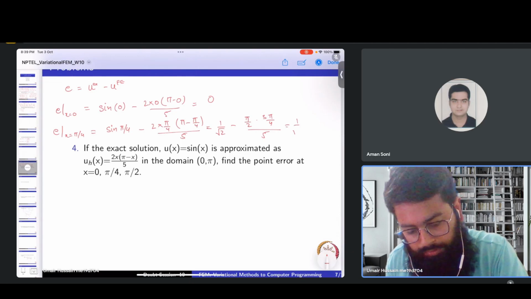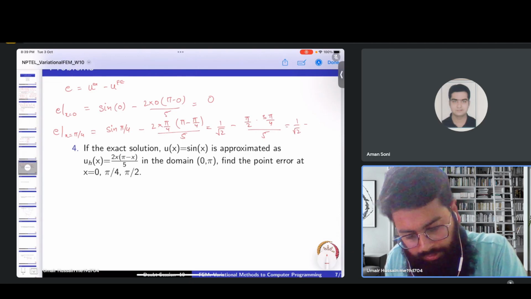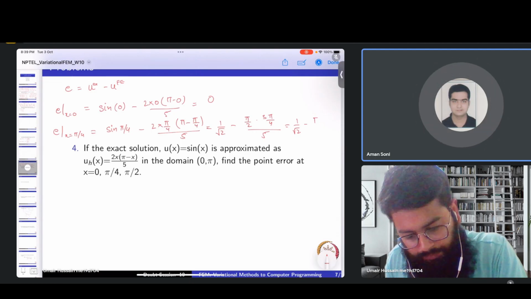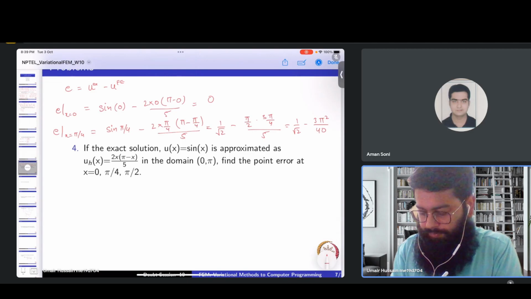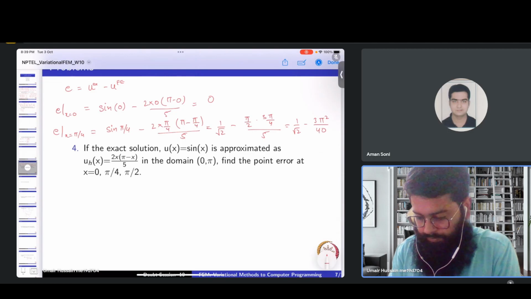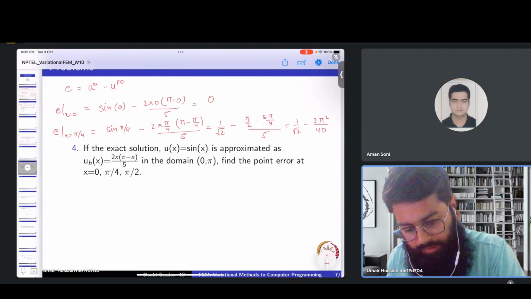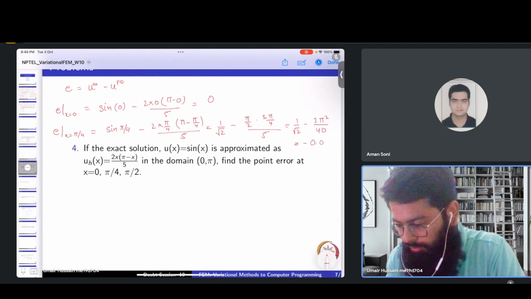We have 1 by root 2, minus, so 2 minus 5 pi by 4, 3 pi square by 40. So we have an error of minus 0.03.